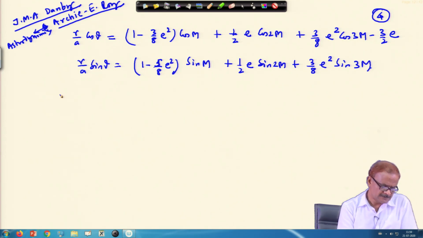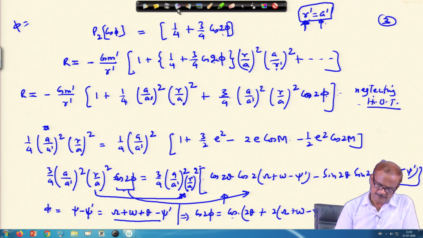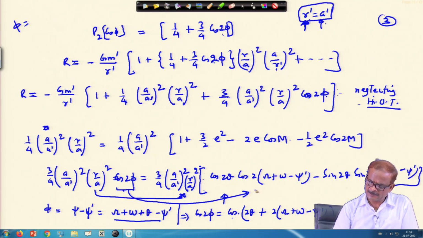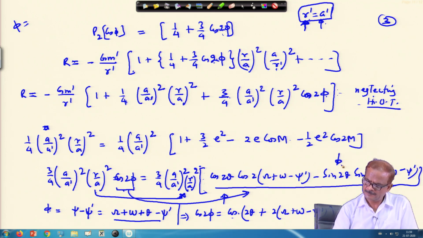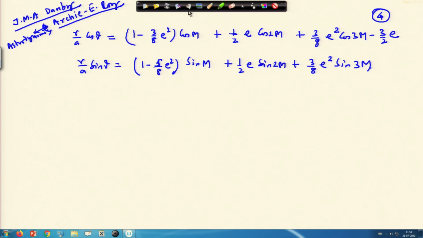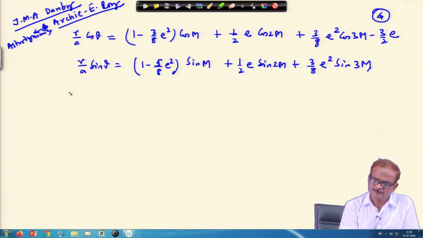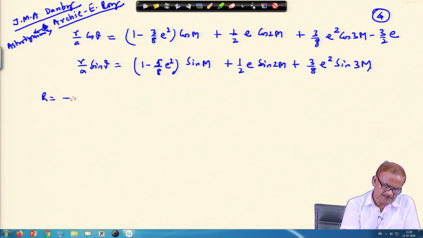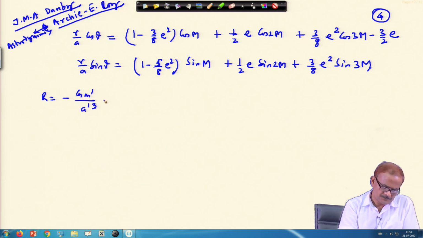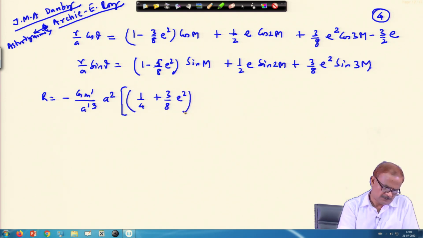So these are the expressions, and we need to utilize them in this particular part. We can expand sin 2 theta and cos 2 theta here and replace this, where theta is the true anomaly of the moon. If we do this, then R can be written as minus G m prime divided by a prime cube, a square, 1 by 4 plus 3 by 8 e square.